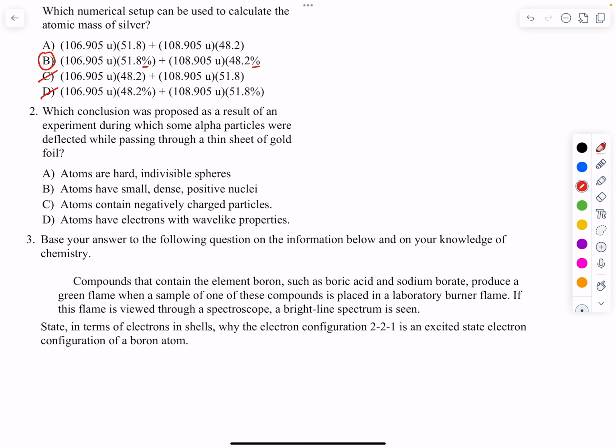Number 2, which conclusion was proposed as a result of an experiment during which some alpha particles were deflected while passing through a thin sheet of gold foil? So you should recognize this as the gold foil experiment. The gold foil experiment proved that the atom had a nucleus.